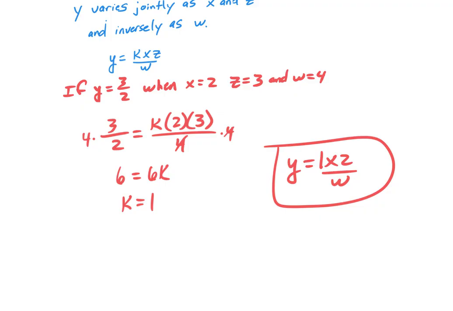Okay, I'm going to do a couple of examples of story problems with you. These are a little bit trickier because they'll tell you what type of variation you have. These are on page, the first one's on page 169.